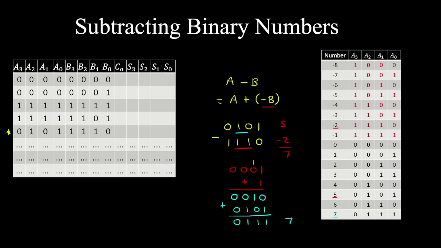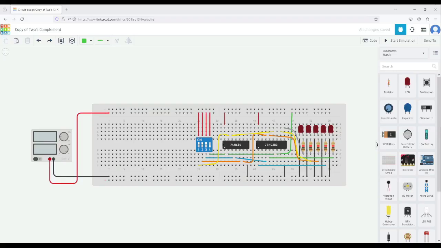Now let's go into our circuit in Tinkercad, and I've duplicated the circuit for calculating the 2's complement. So now we'll call this subtracting binary numbers. And if you haven't seen the video on how to build this circuit, I've provided the link in the description.